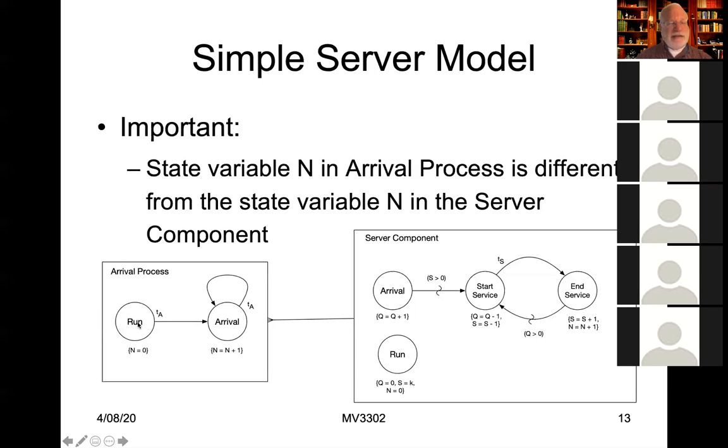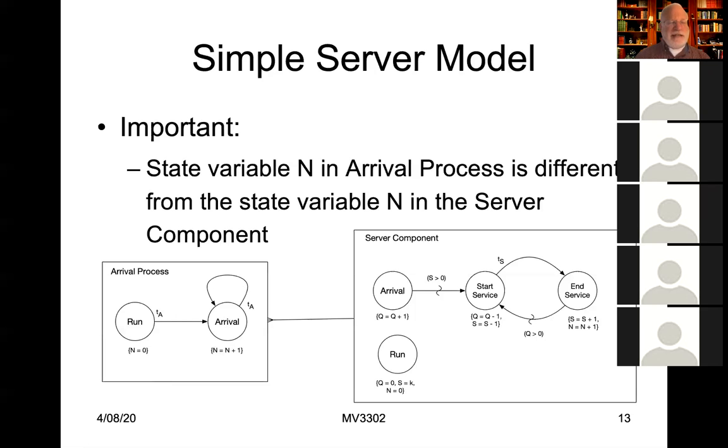But then the run event in the arrival process is going to schedule its first arrival and then be done. Now the event list says, okay, I've finished, I have no more run events, but what's on my event list? An arrival event to occur at some time in the future.